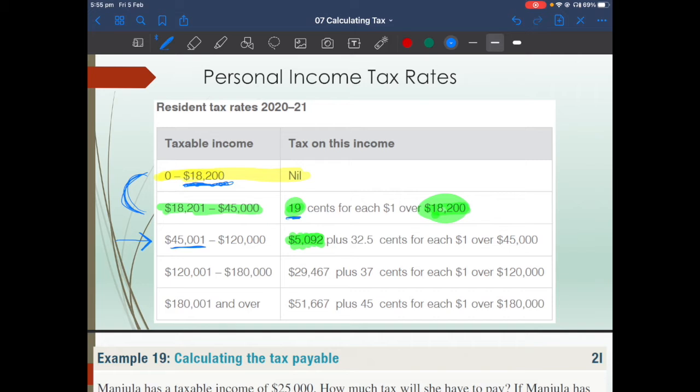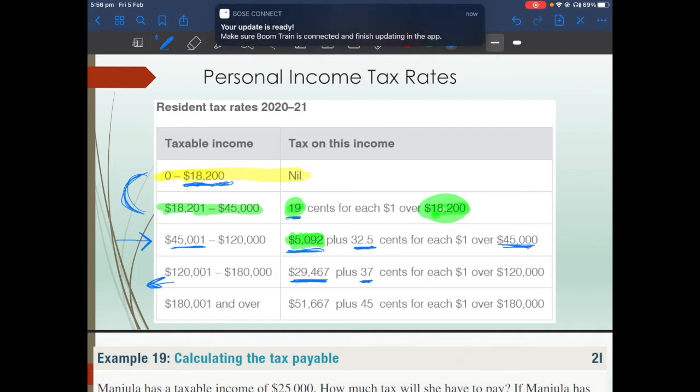All right, so let's say your income is $60,000. You pay this flat amount, plus you then pay 32 cents for every dollar over 45,000. And the story is the same as we get up the higher brackets. If your income falls between 120,000 and 180,000, you pay this flat amount, which covers your first $120,000, and then every dollar over that, you pay 37 cents for each one.